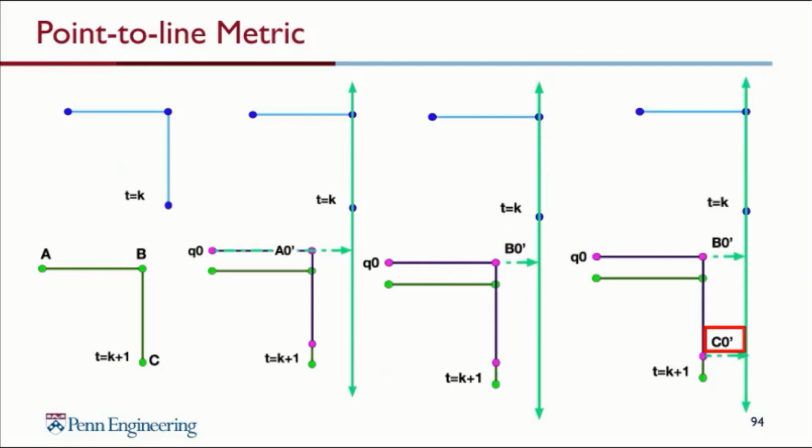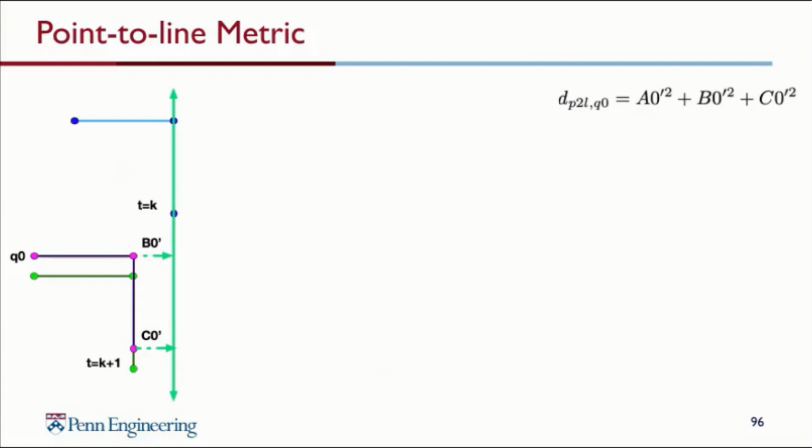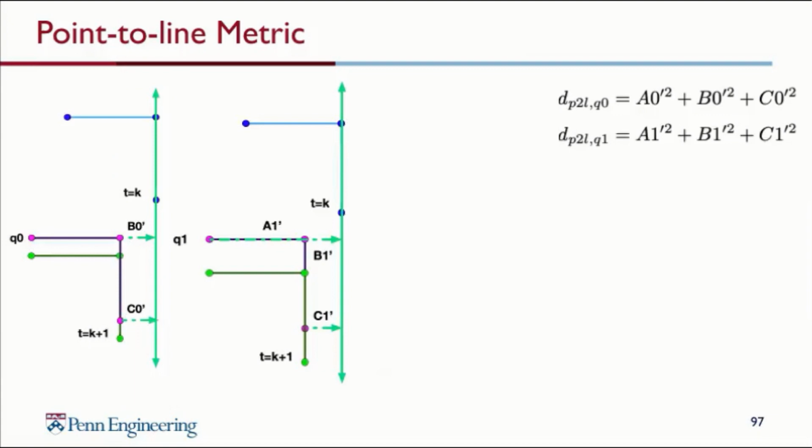And for point C, the distance is going to be C0 prime. And so the score under the point-to-line metric will be A0 prime squared plus B0 prime squared plus C0 prime squared. As before, if we compute the scores for the remaining transforms, Q1 will have a score of A1 prime squared plus B1 prime squared plus C1 prime squared.